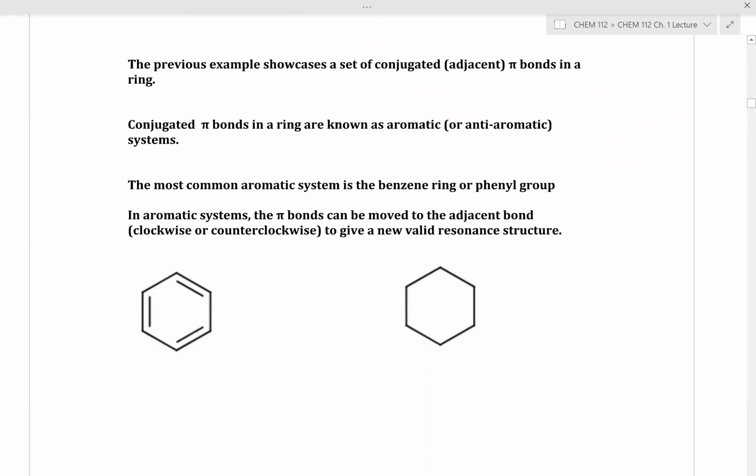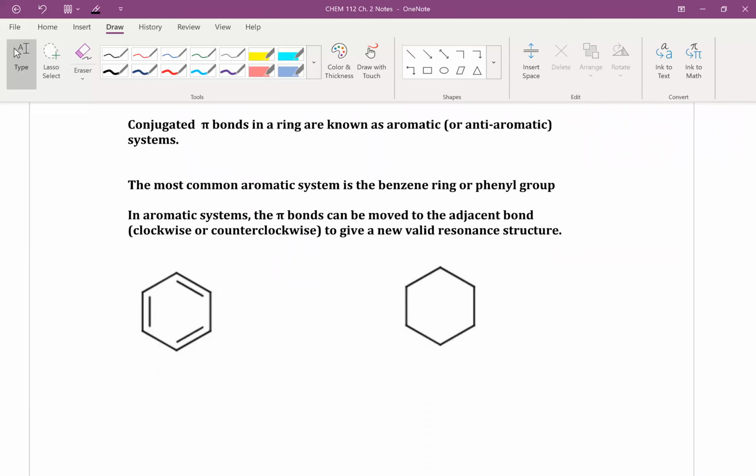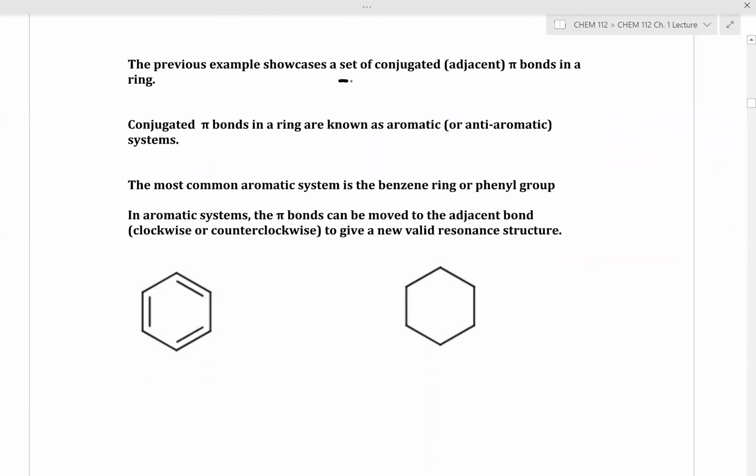So there's a special type of conjugated system that we call an aromatic system. An aromatic system is best defined as a set of conjugated pi bonds in a ring. Conjugated pi bonds in a ring are aromatic or anti-aromatic, depending on the number of electrons in the system.